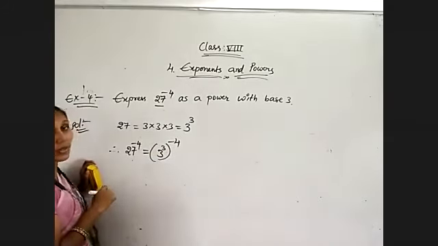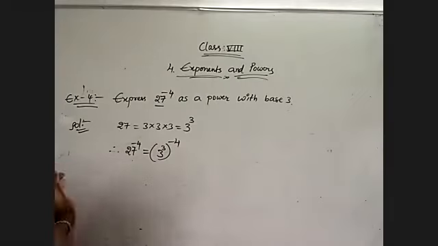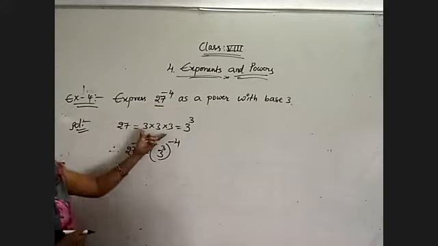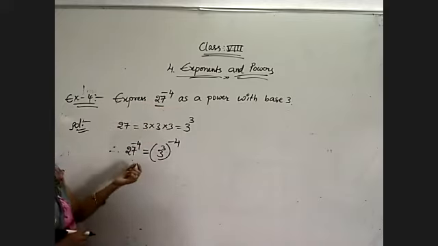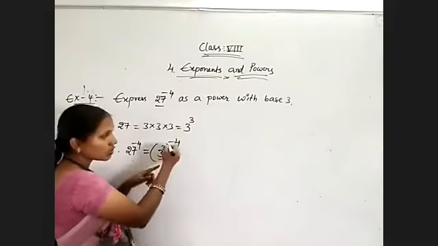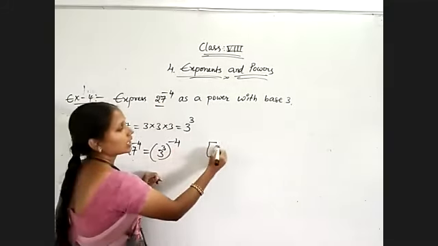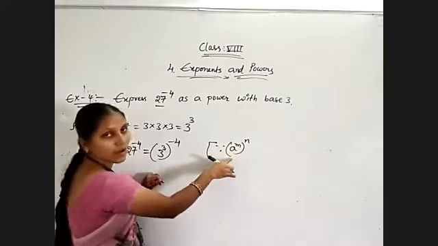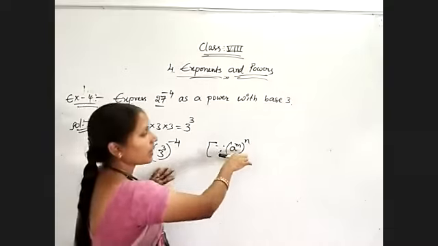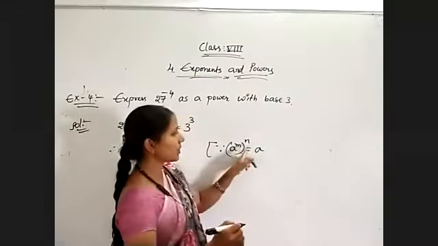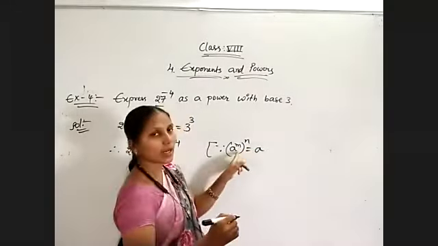Okay, now I hope you understood. Whenever they are asking to change the base, first of all, see what the base is. Try to write it in the exponential form by doing the prime factorization. After that, we have the formula for exponent to exponent, that is, a power m whole power n, which is equal to a to the power of m into n.